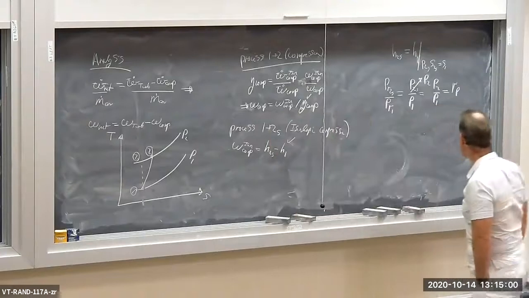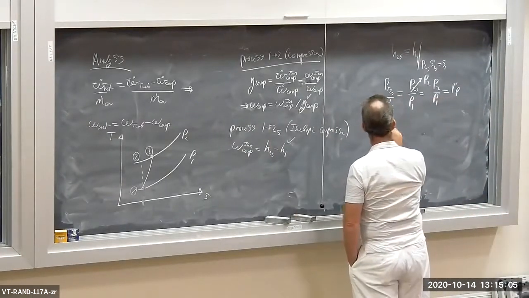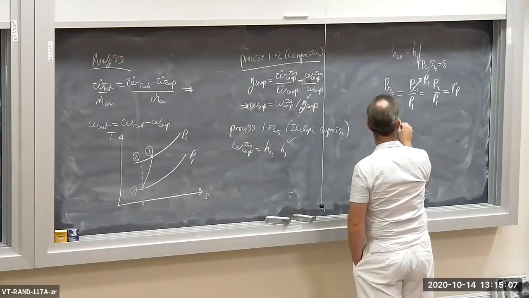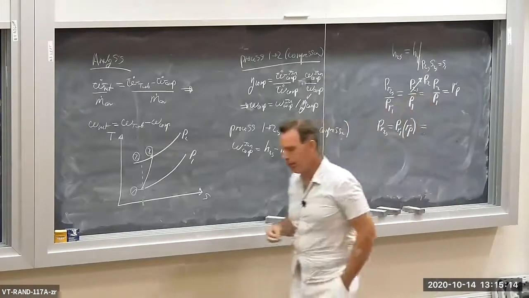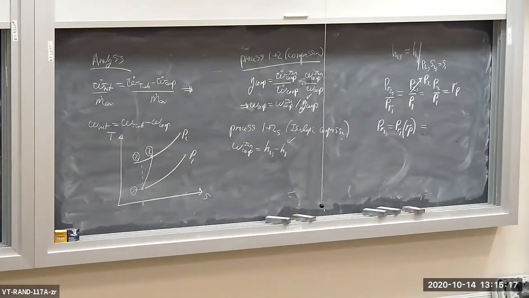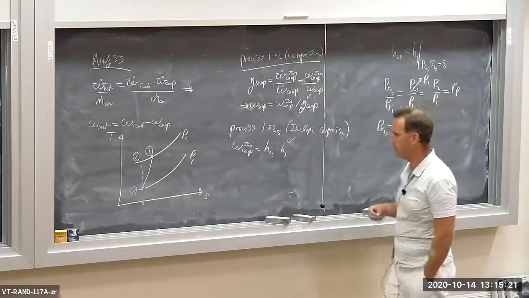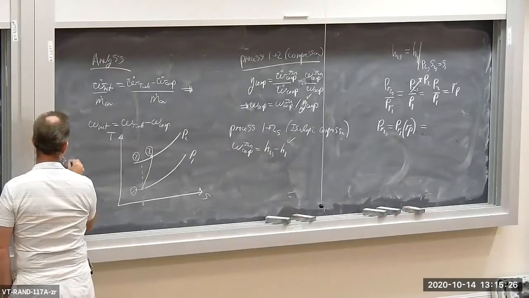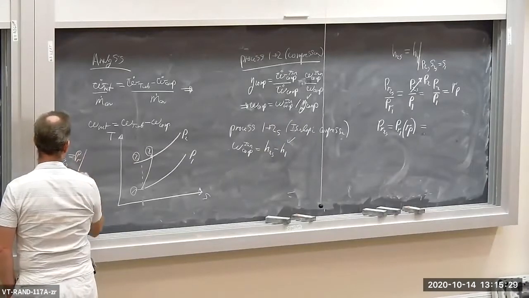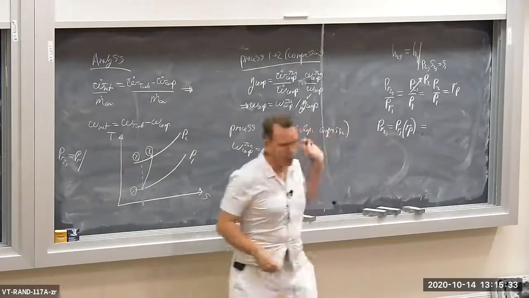Okay, so this means that PR2 sub s is equal to PR1 times the pressure ratio. PR2 sub s, what is that? Not a lot of room here. I'll write it right over here. PR2 sub s is, I'm sorry, PR1.